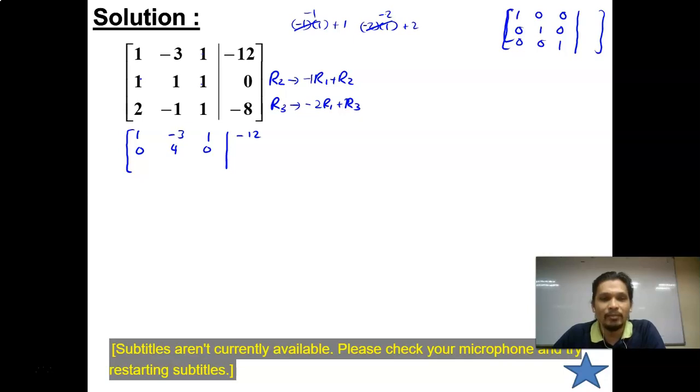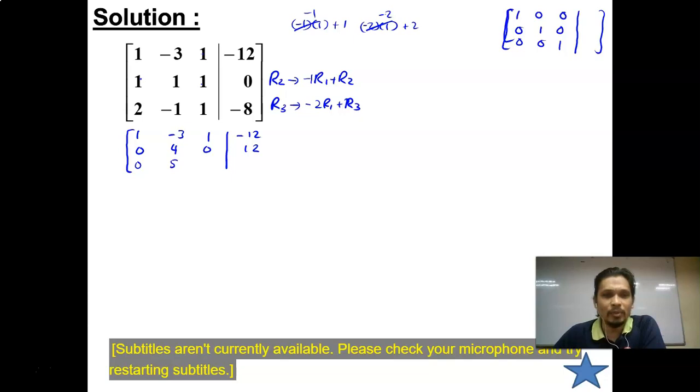Negative 1 times negative 12 equals 12. 12 plus 0 equals 12. And now, negative 2 times R1. Negative 2 times 1 equals negative 2, plus 2 equals 0. Negative 2 times negative 3 equals 6. 6 plus negative 1, 6 minus 1 equals 5.